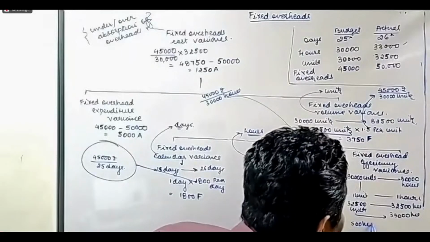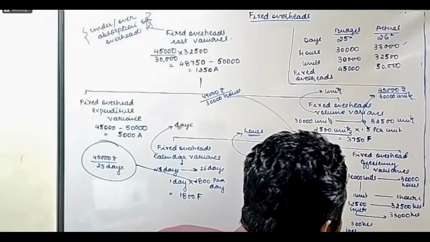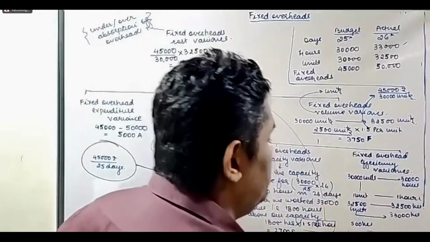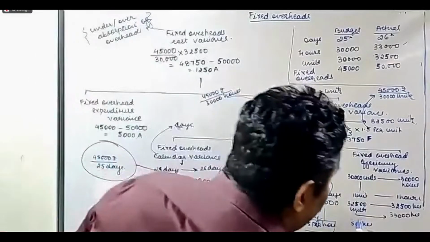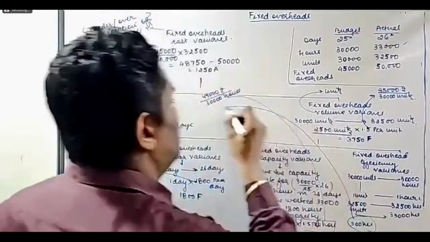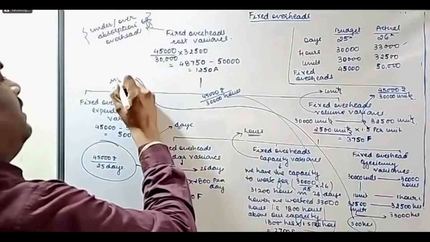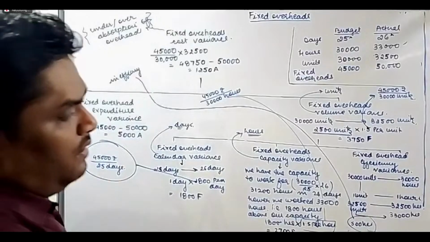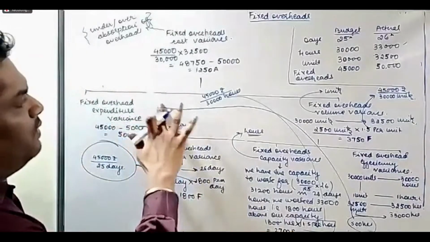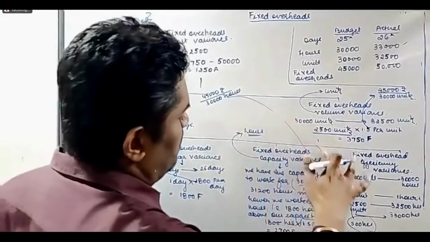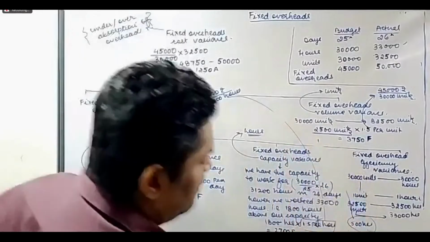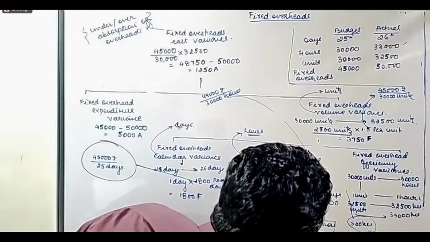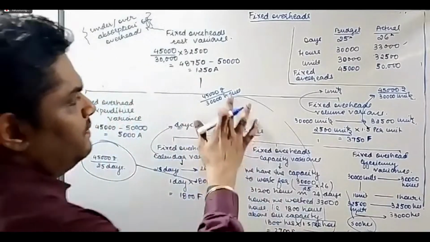So we can call it our inefficiency. I'll write it separately. So 500 hours is my inefficiency.